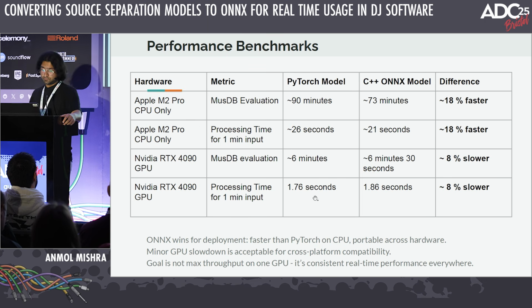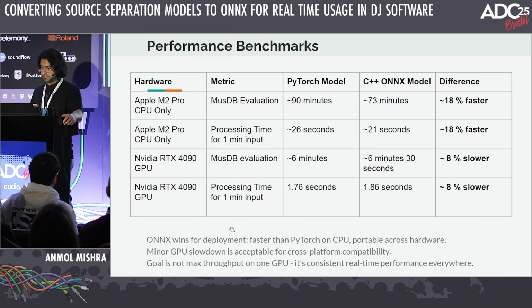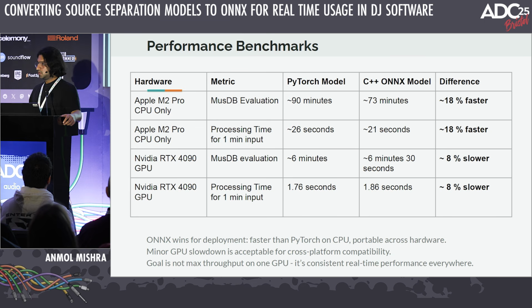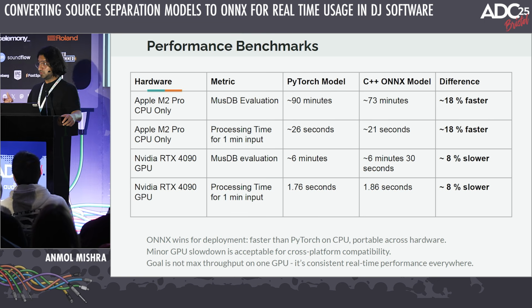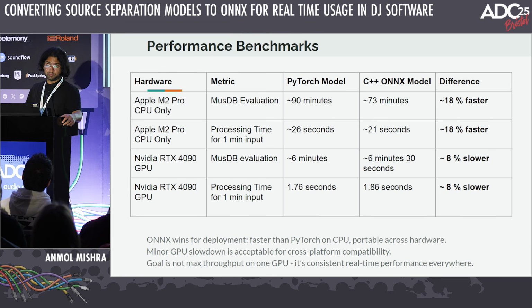So yeah, we achieve faster results and portability across hardware. And even for GPU cases, CUDA is very well optimized for NVIDIA. So even if the old numbers were not that much improvement in performance, you still get the same consistency in the model that you've exported. Now you can deploy it with any language on any different platform and you still get the same numbers.